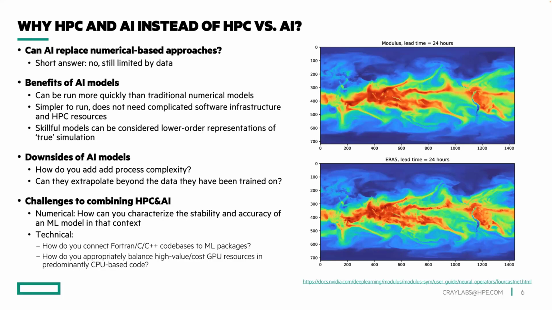It has benefits, of course. An AI model can be run more quickly than traditional numerical models, and it's simpler. It doesn't make a difference whether it comes from finance, biology, weather, or computational fluid dynamics. An AI model is always a model you put on your hardware, and then you pass inputs to it and get the output. You do everything in the toolkit you prefer, and there are no big changes for any adaptation to a field.